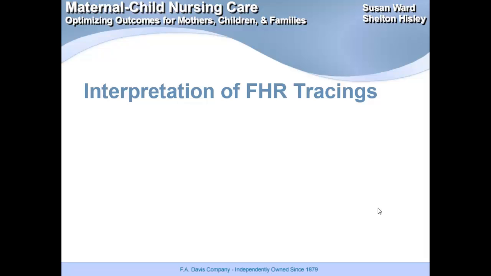If it's non-reassuring, that's like those late decels. Baby might have some tachycardia, and the variability might be absent. We talked about correction of that problem, making sure you get mom onto her left side right away, and then stopping oxytocin, amping up those IV fluids, and getting oxygen on mom.